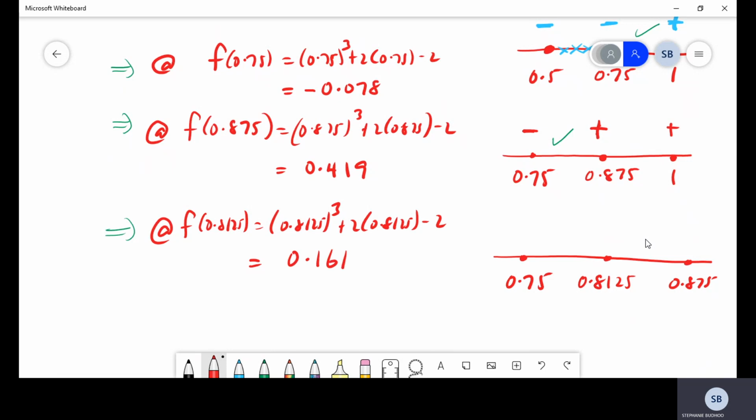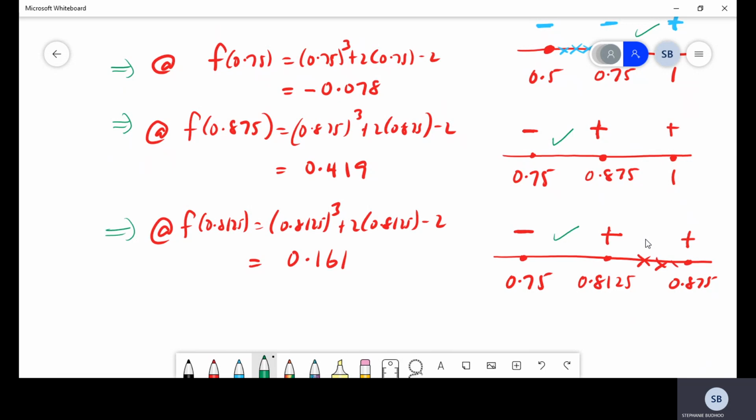Now we're going to look at any possible sign changes here. So we notice that we're going to get a positive value here. At 0.75, we had a negative value, and at 0.875, we had a positive value from previously. So no root exists here, and that must mean that a root exists here.